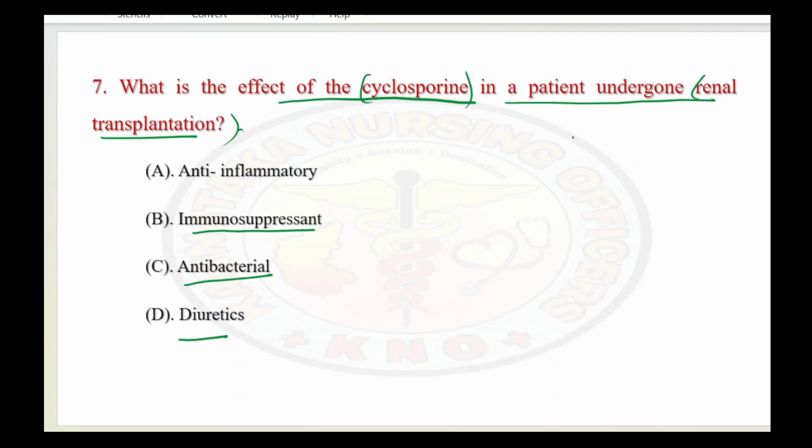Okay, so the main thing we have to remember whenever there is an organ or bone transplant, the main drug action or the important measure we have to follow is to give immunosuppressants.